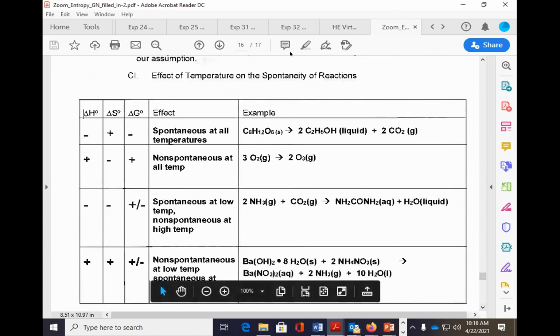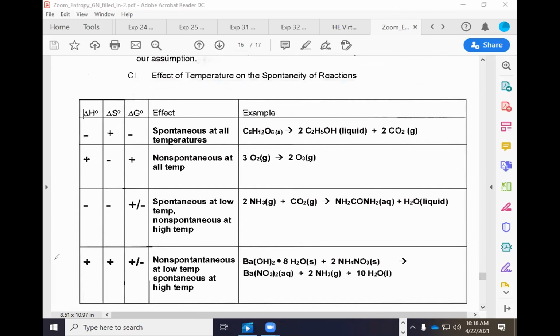And then the other situation would be endothermic, gaining entropy. And again, as the video explained, it is non-spontaneous at low temperatures and spontaneous at high temperatures. And then this is the example.